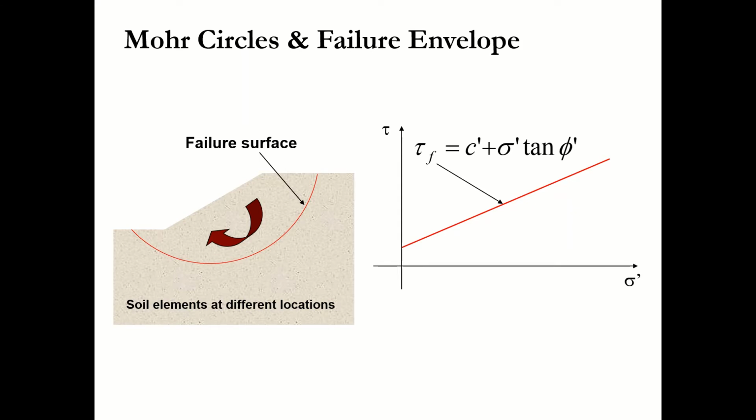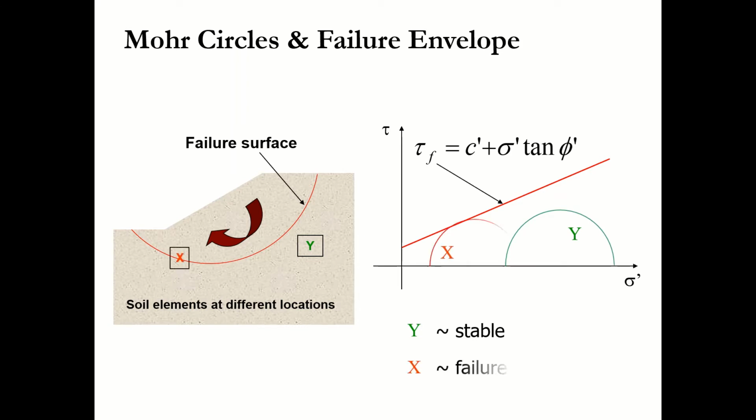Previously I said that if we know the shear strength parameters, then we can draw the Mohr-Coulomb failure line. And now we will draw the Mohr circle on that plane. Suppose we are collecting the soil sample from point Y and we are trying to plot the Mohr circle for that point. As point Y lies below the failure surface, the Mohr circle for point Y will lie below the Mohr-Coulomb failure line.